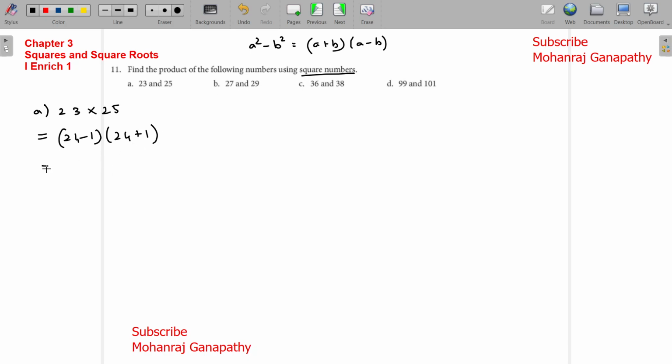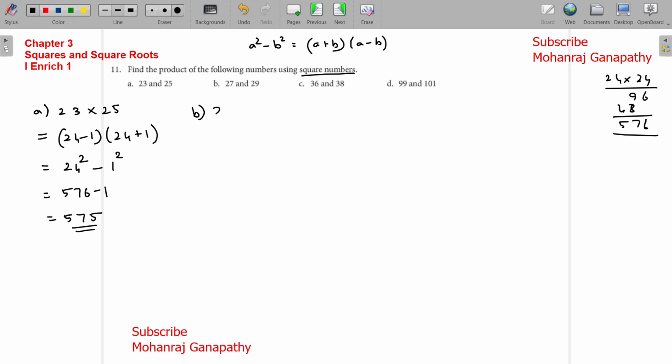A square minus B square. 24 square minus 1 square. What is 24 square? 4 4s are 16, 4 2s are 8, 9, 8, 4. 576. 576 minus 1, which is 575, is our answer.